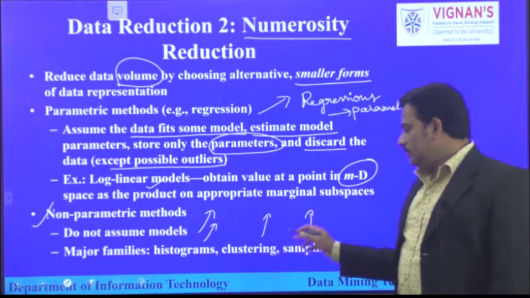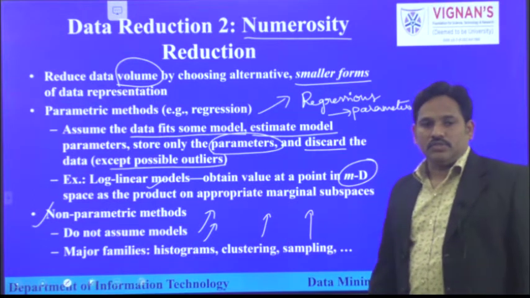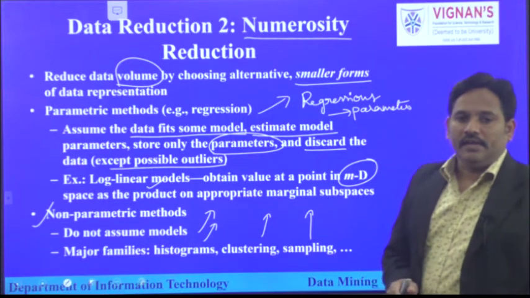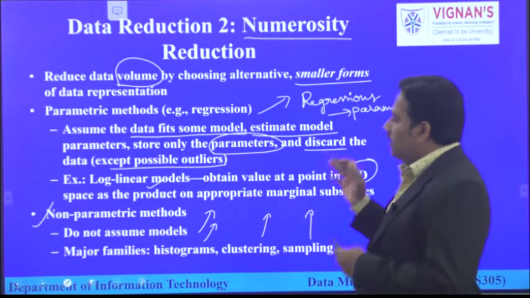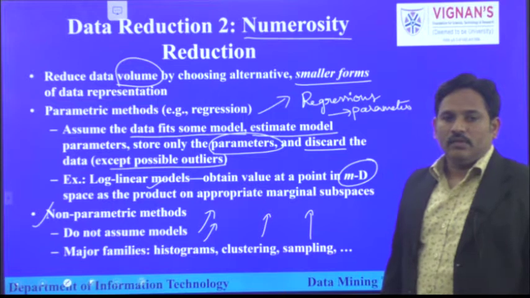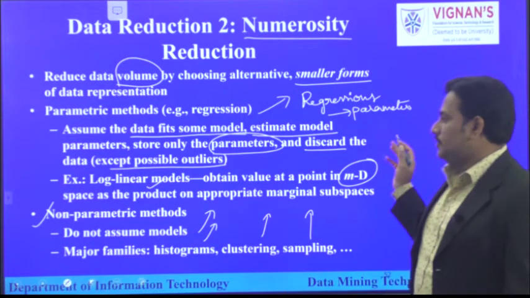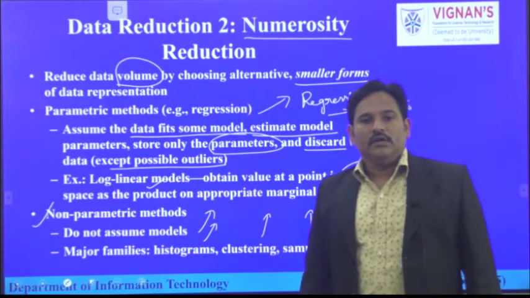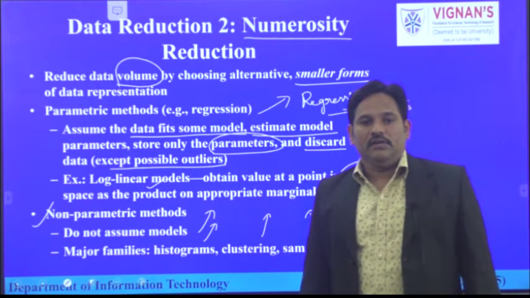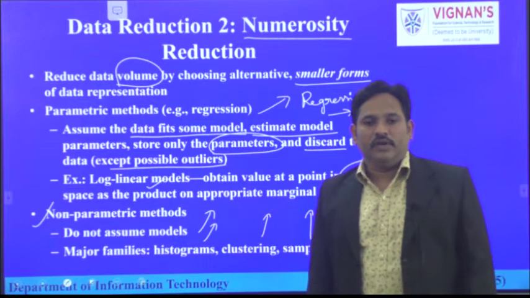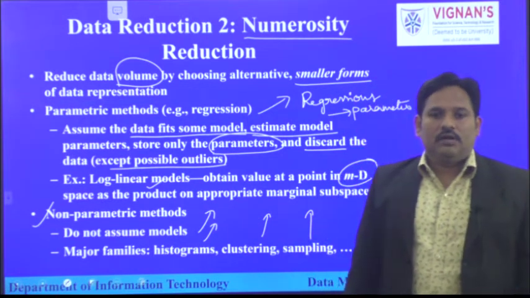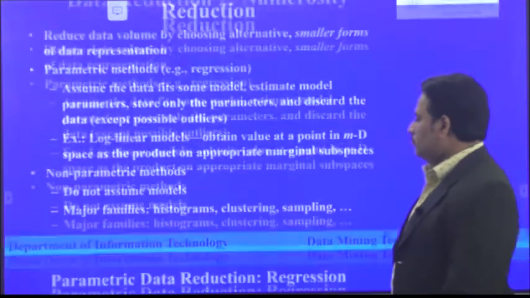So using these non-parametric approaches also, we can reduce the form of the data under numerosity reduction. So in this numerosity reduction, either in parametric method or non-parametric method, we are not deleting the data. Here we are converting the form of the data, either by applying a parametric approach or non-parametric approach.